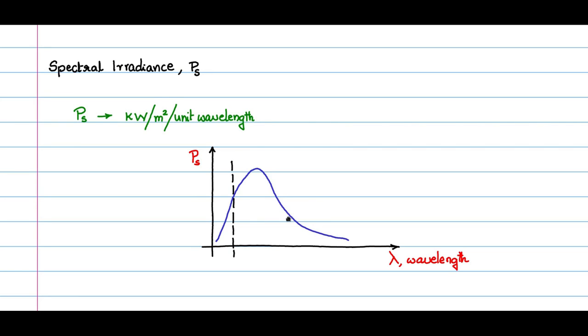So we can denote it by three important regions. This first region is called the UV region. And the second region is called the visible light region. And the third region is called the infrared region.